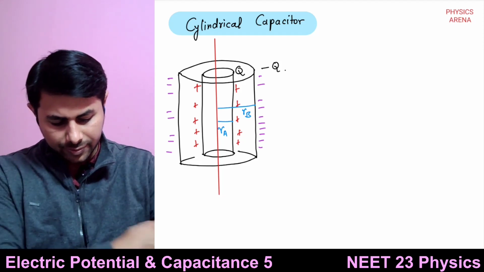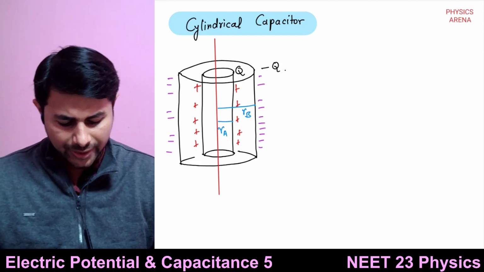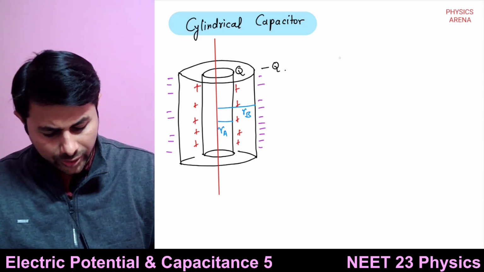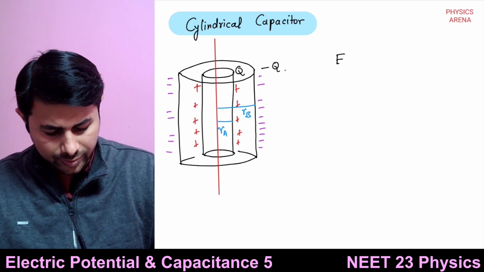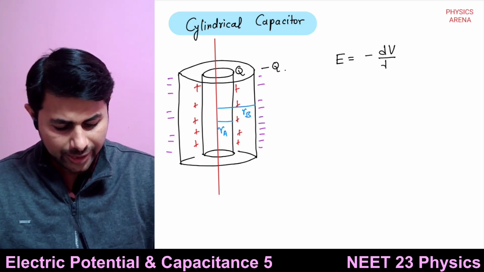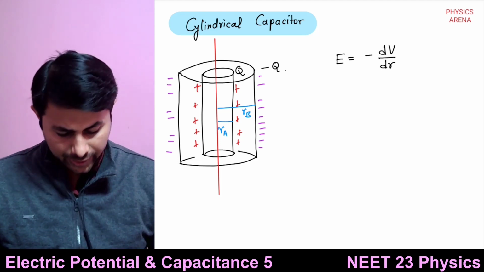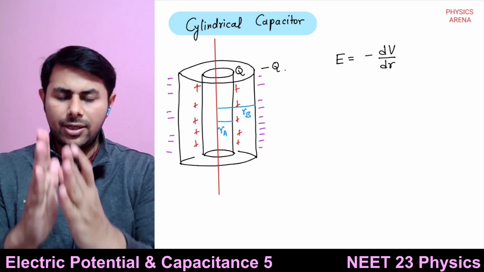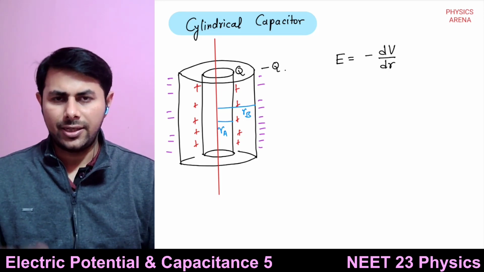Okay. So now how will you find out this potential? We have this formula for the electric field. We know the electric field is equal to minus dV by dr. The cylinder is similar to a charged wire, we can say.